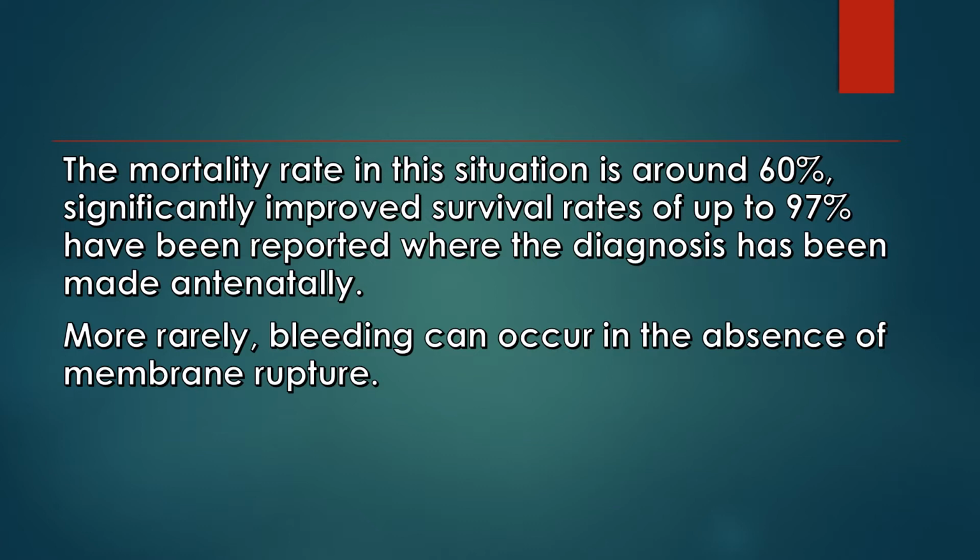The mortality rate in this situation is around 60%, although significantly improved survival rates of up to 97% have been reported where the diagnosis has been made antenatally. More rarely, bleeding can occur in the absence of membrane rupture.